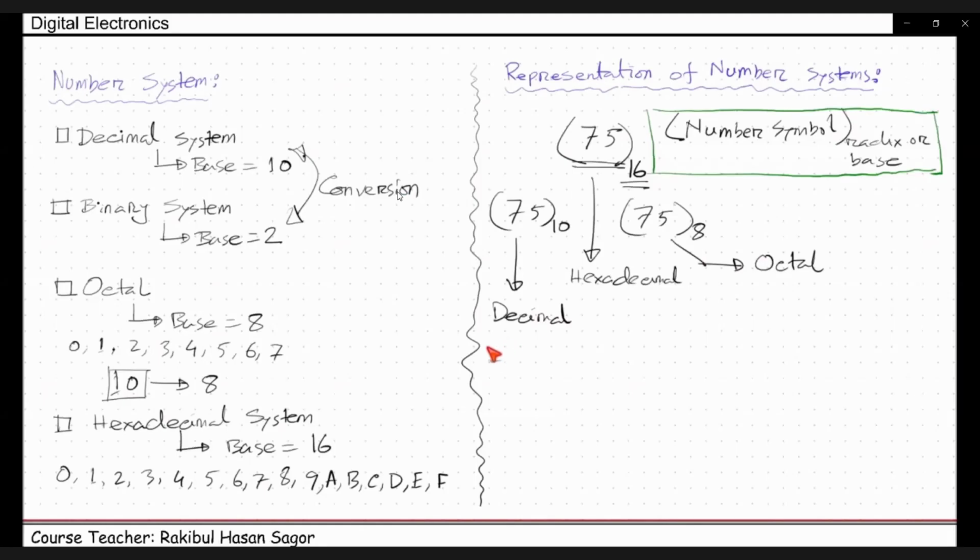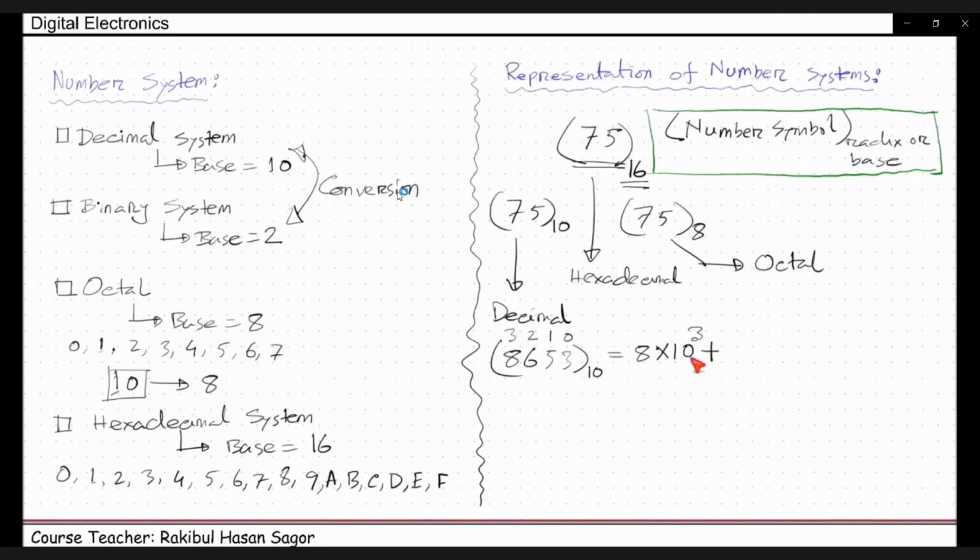Now, how is a decimal number represented? Suppose we have a decimal number 8653. This is the base. This number has positions. This is the 0th position, the 1st position, 2nd position, and 3rd position. So if we express this number as the sum of values of each digit, it can be represented by 8, the most significant digit, 8 into base to the power of the position value, that is 3.